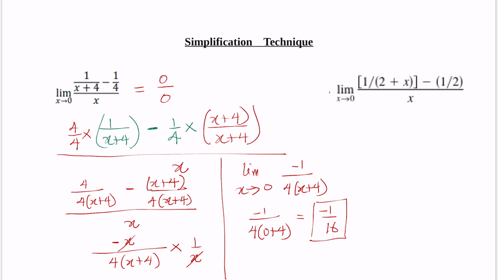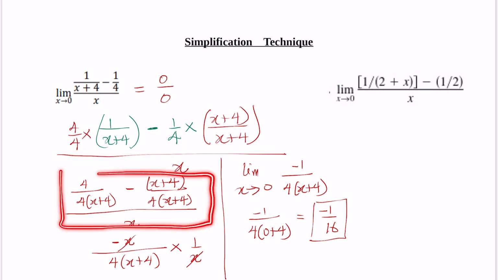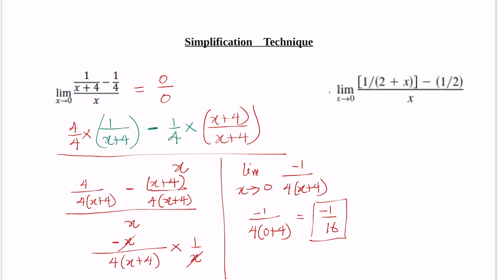So first of all, what we did was substitute directly. We had 0 over 0, which is indeterminate. Then we decided to simplify this expression. To simplify, we found the LCM and multiplied it to both sides. That simplified to this form. Then we are able to simplify further because they have the same denominators. All we need to do is add or subtract the numerators. 4 minus 4 is 0, so we're left with minus x, divided by one of the denominators because they are the same.